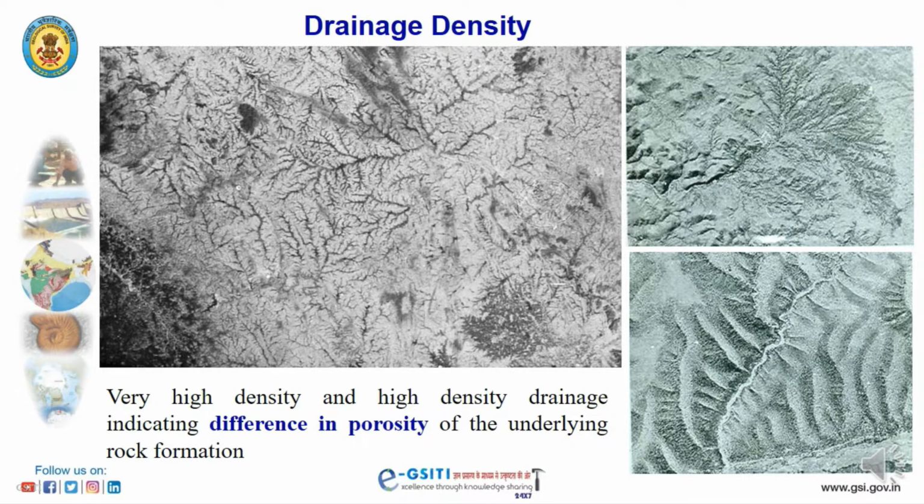Very high density and high density drainage indicate differences in porosity of the underlying rock formation. If the spacing between the higher order and first order streams, or within the first order streams, is less, they are considered high density drainage.